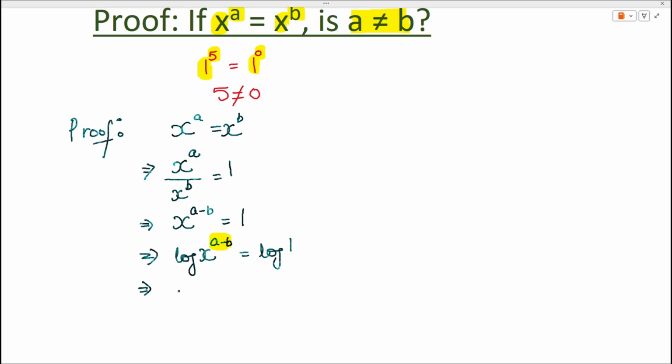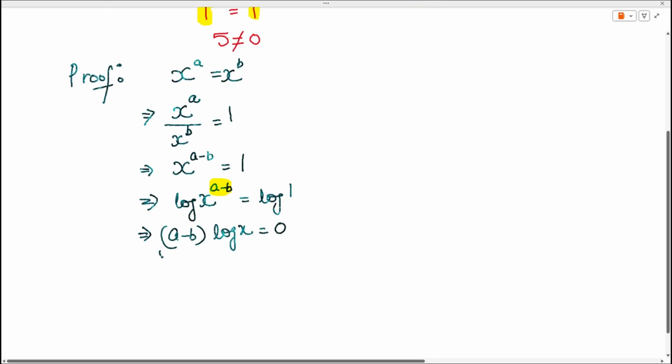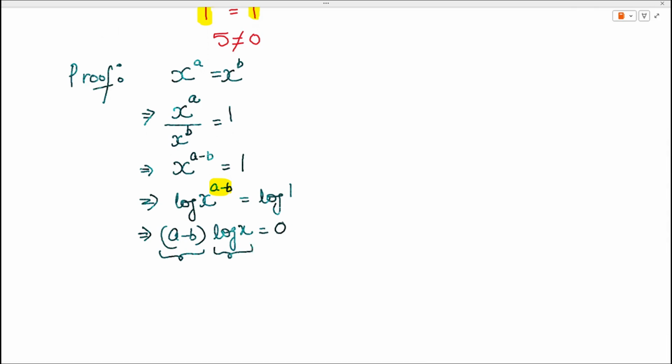So this can be written as (a minus b) multiplied by log x is equal to 0, because we know that log 1 is equal to 0. Now here we have that the product of these two numbers is equal to 0, which means either of them has to be 0 for this equation to be true.